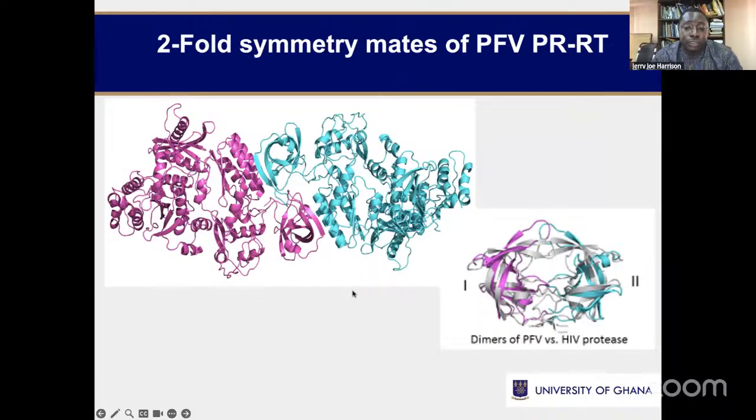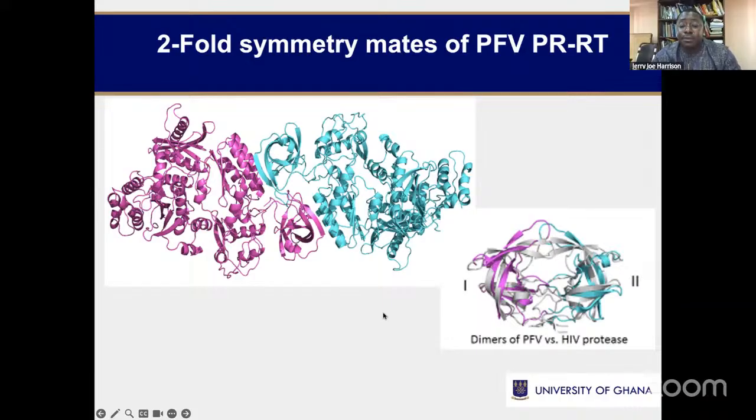If you take the crystal structure, you could actually do a twofold symmetry and superimpose one on top of the other and get the protease to dimerize very similar to what we know classically as the protease dimer, without serious conformational changes or serious clashes between the two subunits.